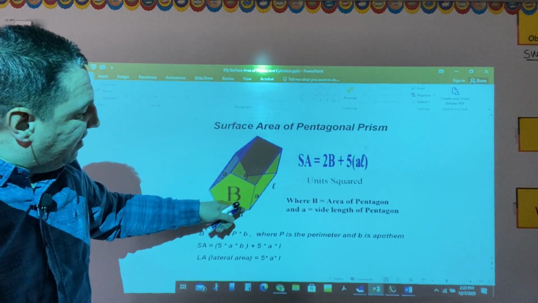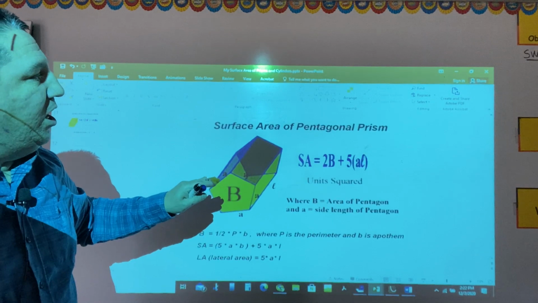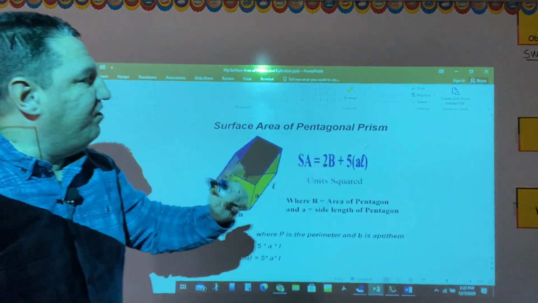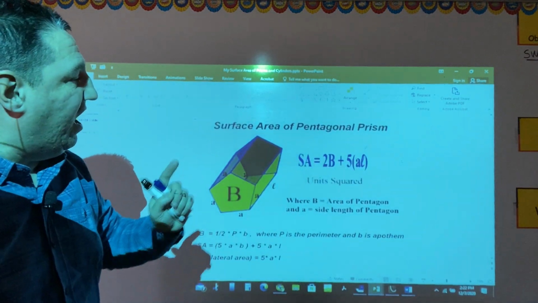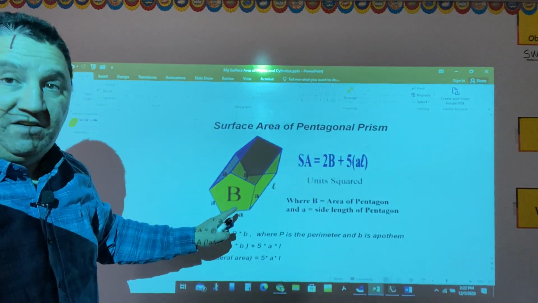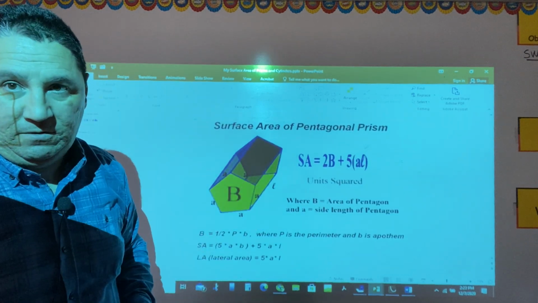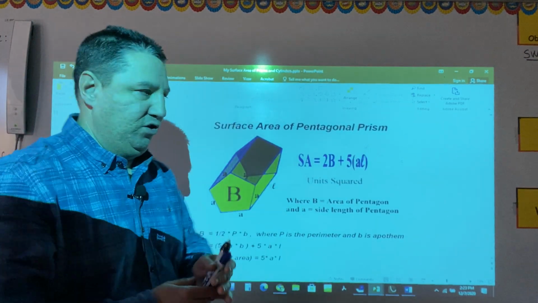The base in this case is a pentagon, right? Plus 5 times A times L, where A is the length of the sides of the pentagon and L is the distance between bases, just for your information.